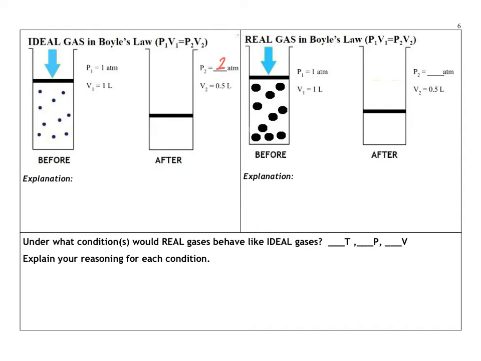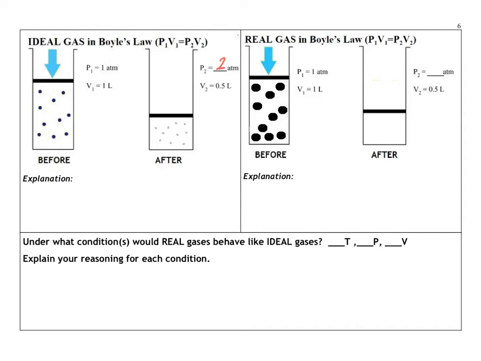So there are 10 moles of gas in the before image, and now there will be 10 moles of gas in the after image. So 1, 2, 3, 4, 5, 6, 7, 8, 9, 10. And notice that these 10 particles are spread as evenly as we can possibly spread them.